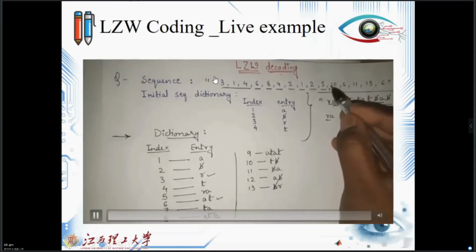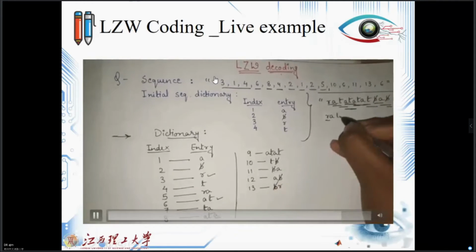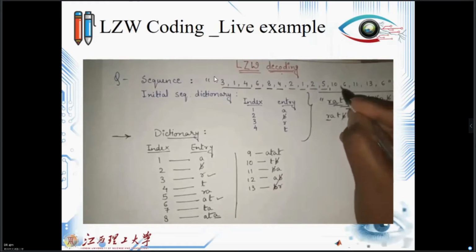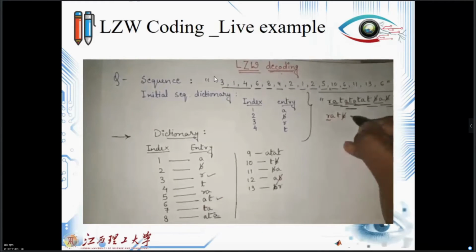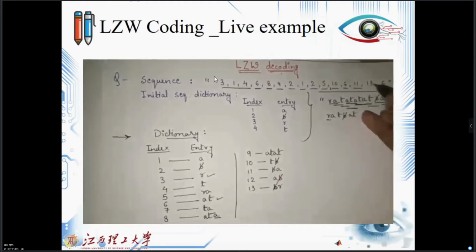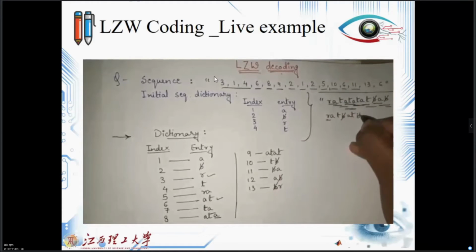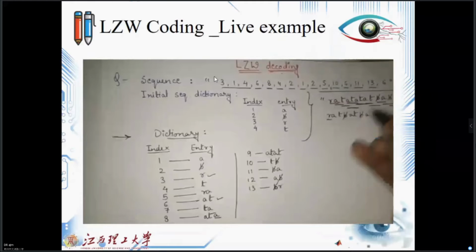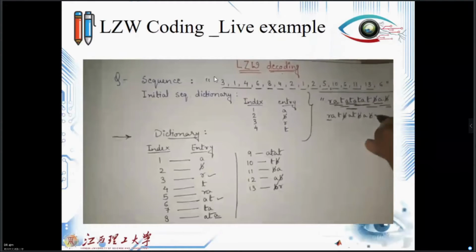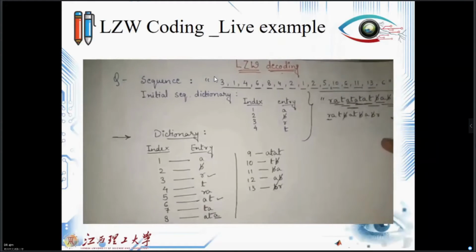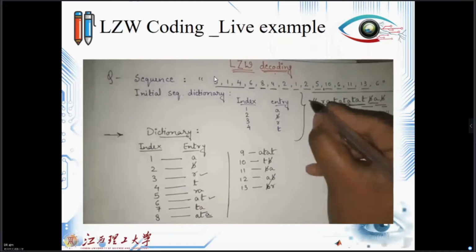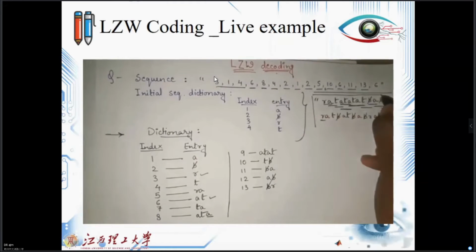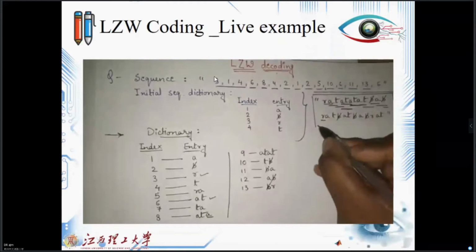Yes. 10 we have TB blank. 6 we had AT. 11 we had B blank A. 13 we have B blank R. For 6 we had AT. Then this LZW decoding is done very simply, just with this.